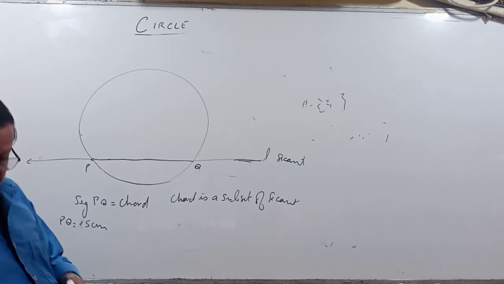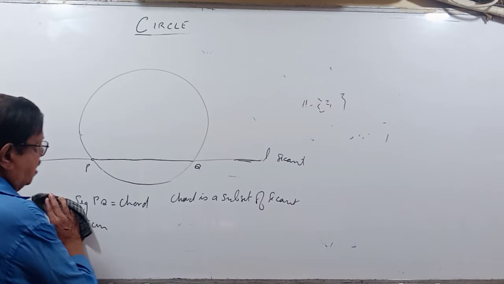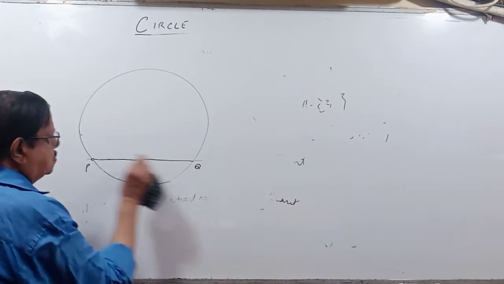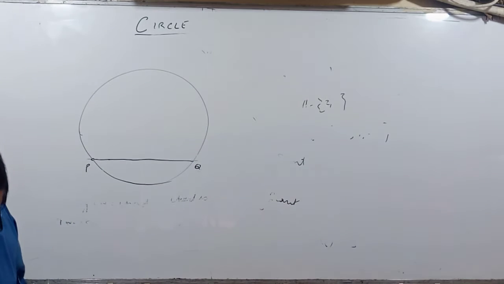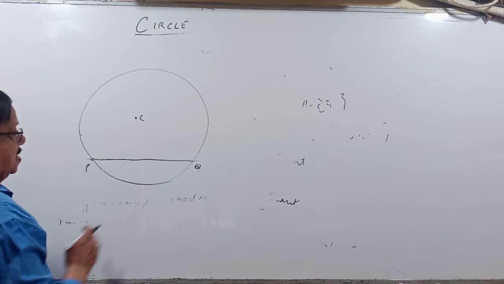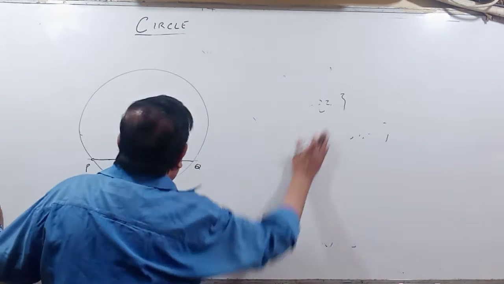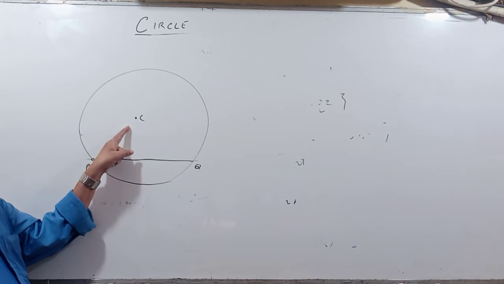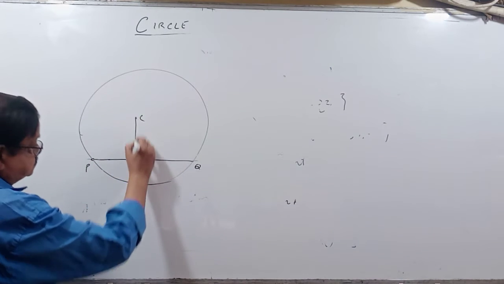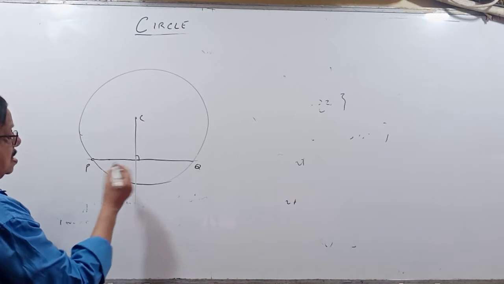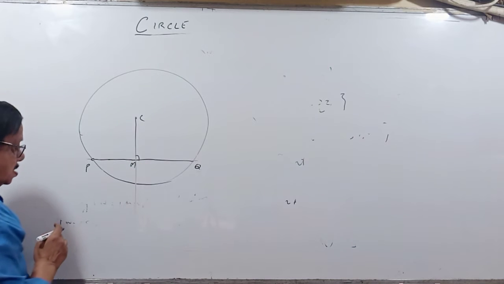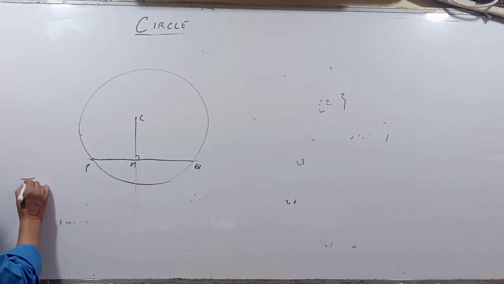Right. The first theorem I am going to say: suppose there is a chord PQ here. C is the center. If I draw a line from the center perpendicular to the chord, suppose it meets here at M. So first theorem, theorem number 1.